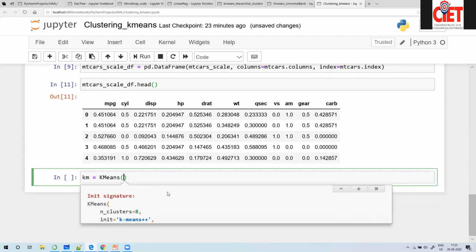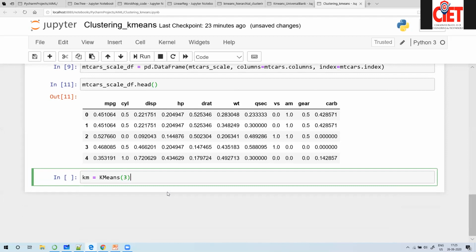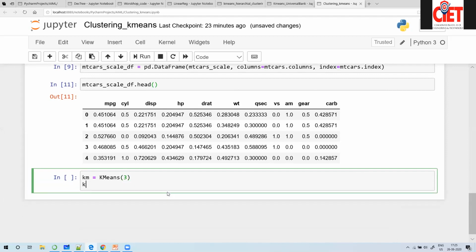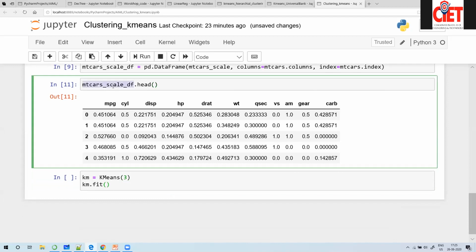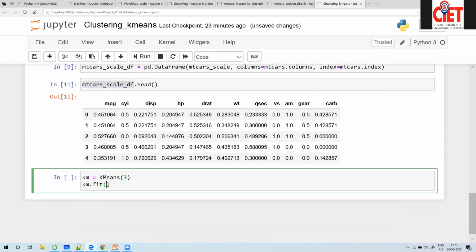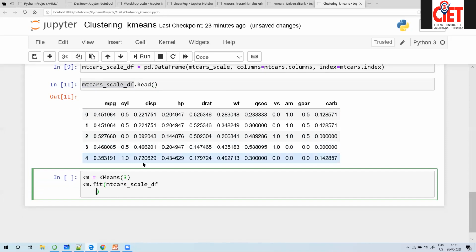That's very important, right? Let's say we start with 3 clusters. Now Km dot fit, and what is the data that we have? This one.